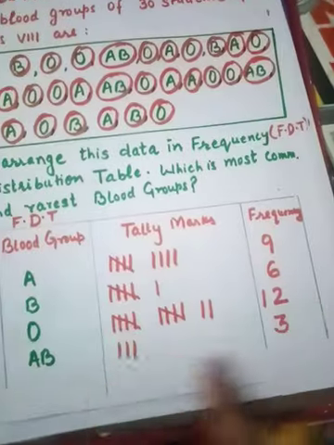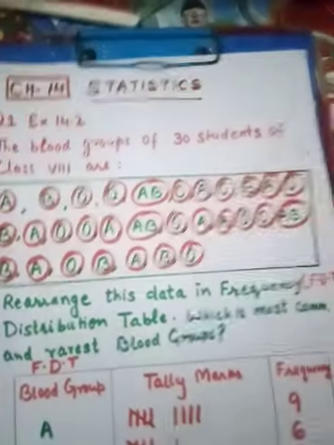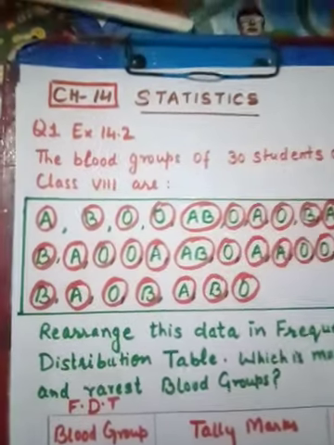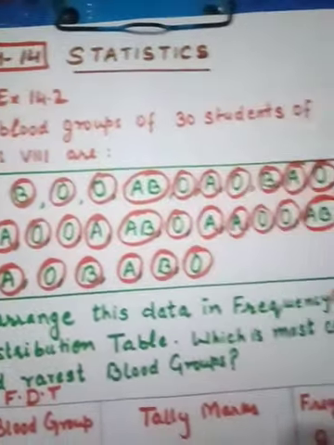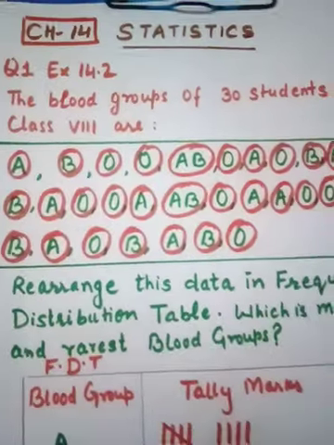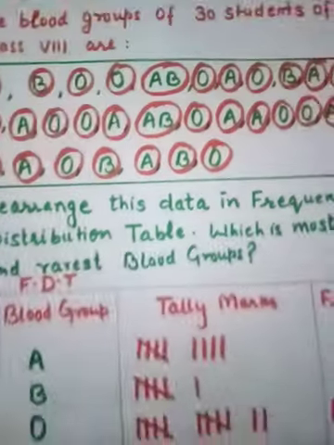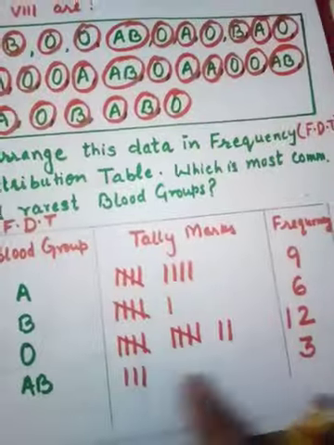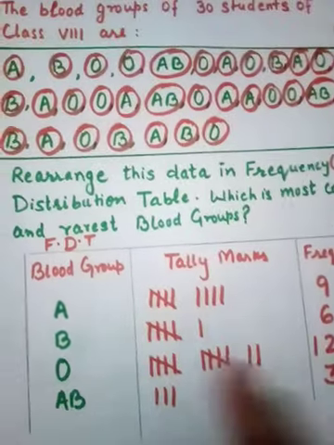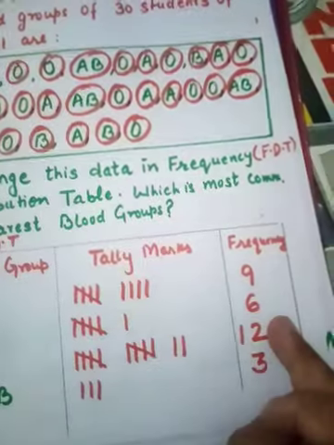Now after noting down all these observations, let's have a look at the table. See, no number or alphabet is uncircled here, so you will know that you have exactly counted everything. If by chance any uncircled number is left, you can edit the data accordingly. So three columns: blood group, tally marks and frequency.